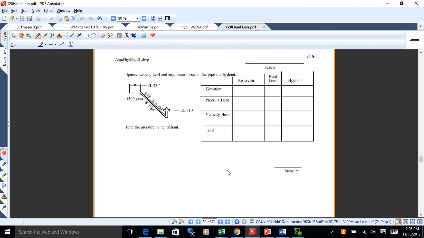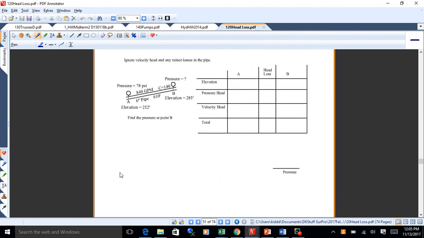So we're doing okay with those. You got the answers there in Moodle. So we'll find the pressure in the hydrant on the first two. You okay with those? Well, actually the hydrant on the first one, then point B on the second.